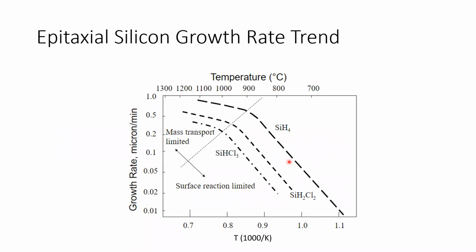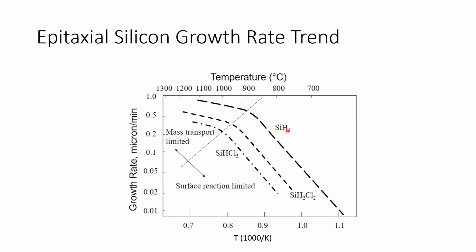There are three curves, with a different number of hydrogen for each: here H equal to 1, here H equal to 2, and here H equal to 4.